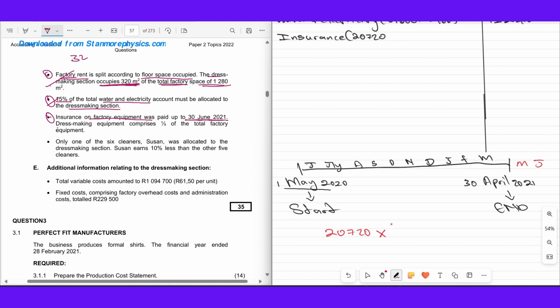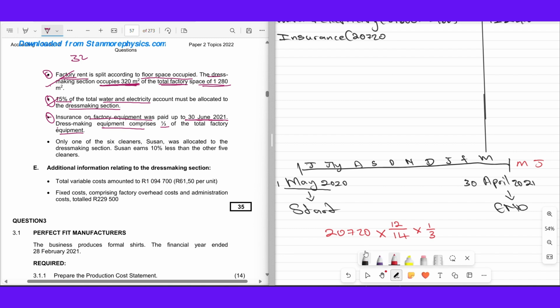We know the unknown is what we want, 12 months, divided by what we know, 14. But when you check here, they said that dressmaking equipment comprises 1/3 of the total factory equipment. So you multiply by 1/3.